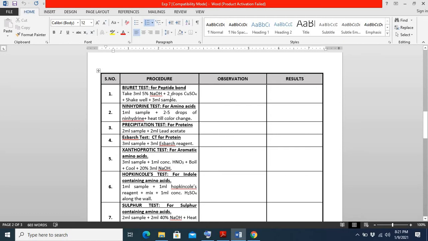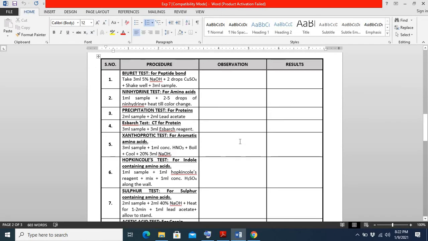Whenever we have to analyze any protein in a given sample, first we have to find out if the protein in the sample has a peptide bond.